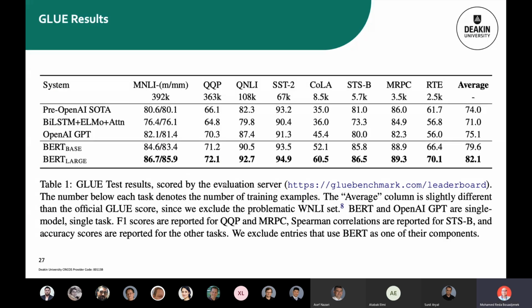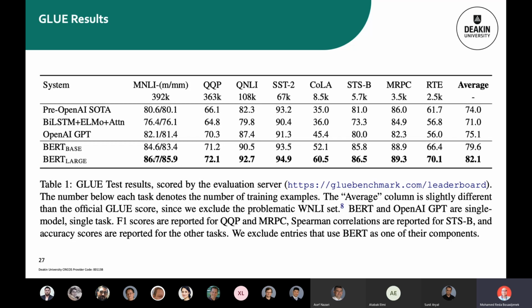So if you look at the paper, it's interesting to see that BERT is outperforming all its competitors, even though some of them are very specific architectures, heavily and finely tuned for each of these tasks.